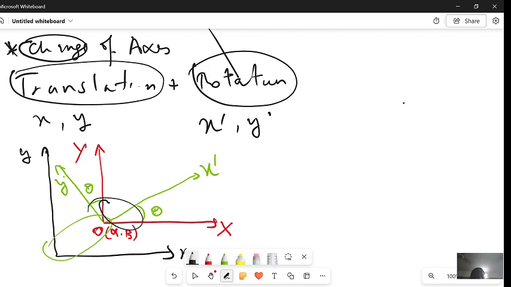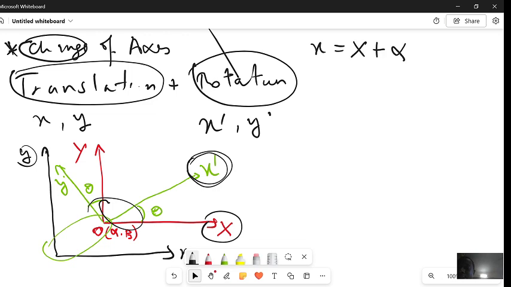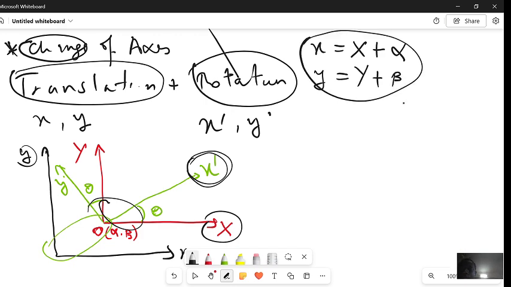Now I will need the relation between this x prime and this x and this one. I know that small x equals capital X plus alpha and y equals capital Y plus beta. This is the translation.